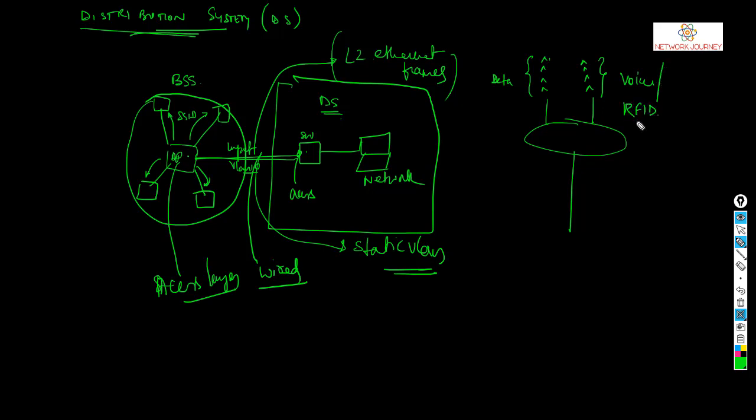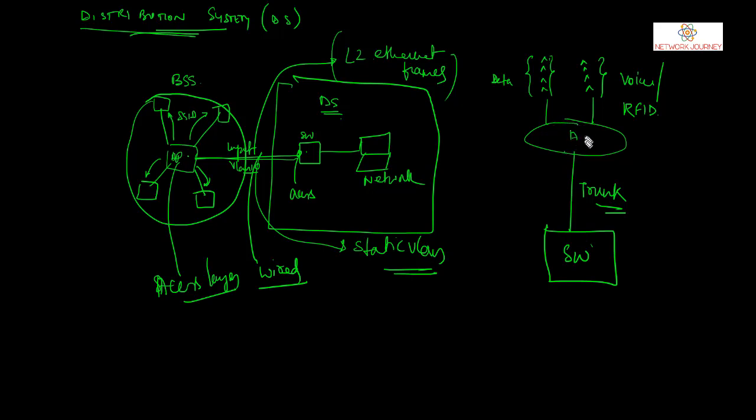I told you what RFID is, right? So this is a scenario when you need trunk connectivity between your switch and your access point. Most of the time the access point will work on an access layer, a single VLAN.